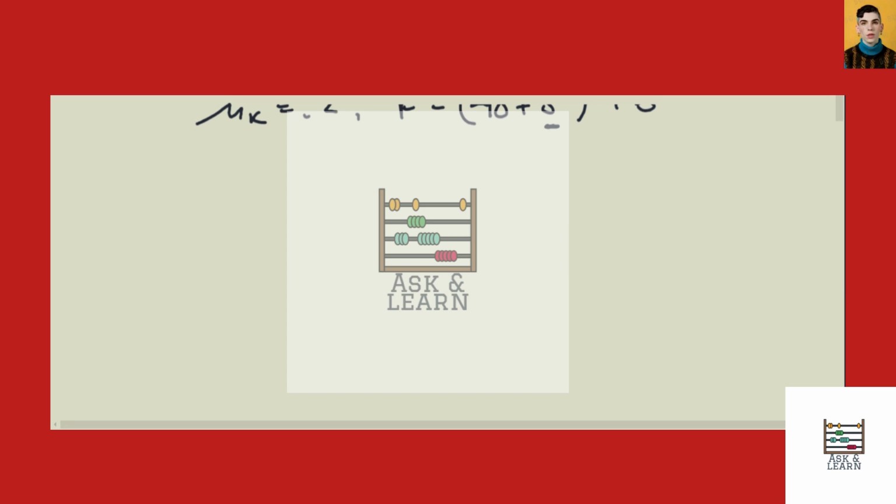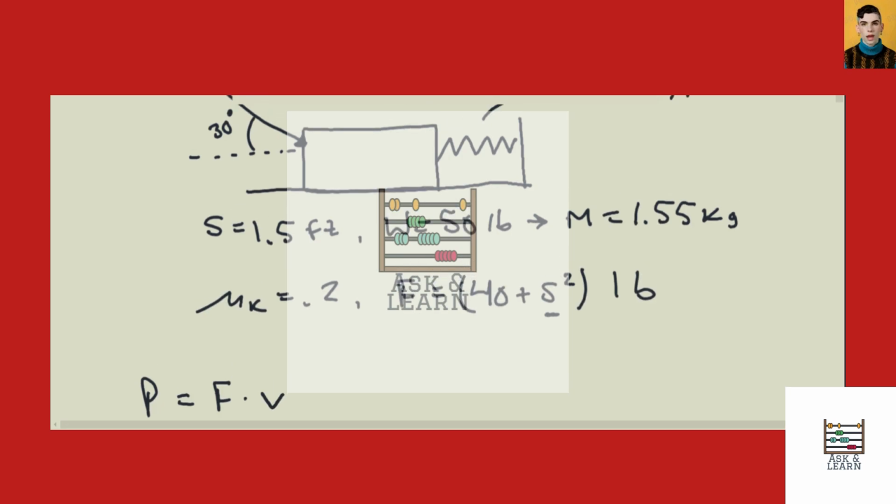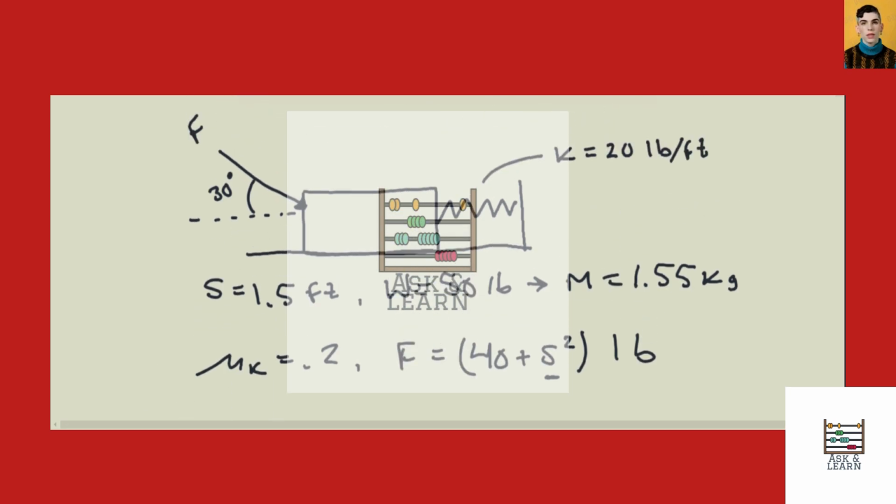Okay, so since we're dealing with power, we know that to find power, we need the force being applied times the velocity of the movement. So the velocity of the block will be going to the right.